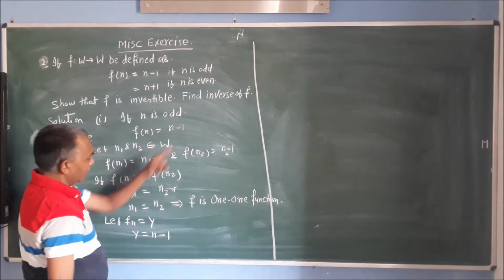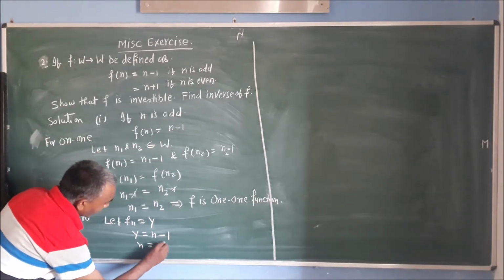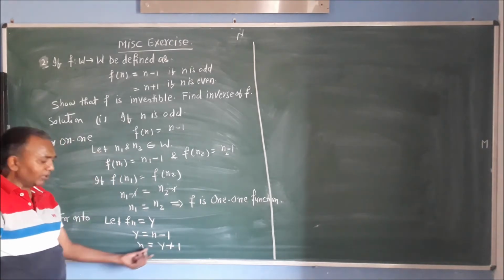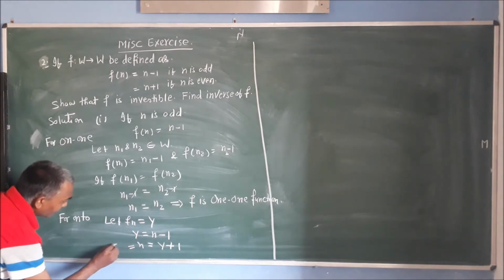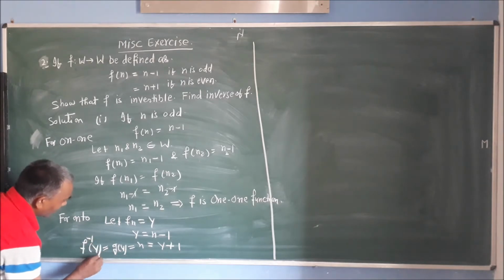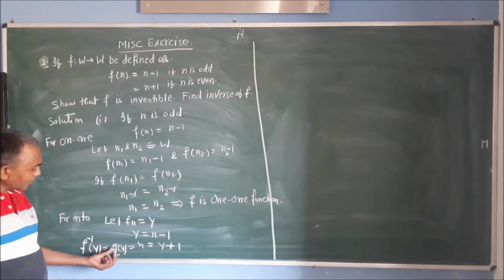So y is equal to n minus 1. So n must be equal to y plus 1. This n is called g of y, and this is also called f inverse of y.